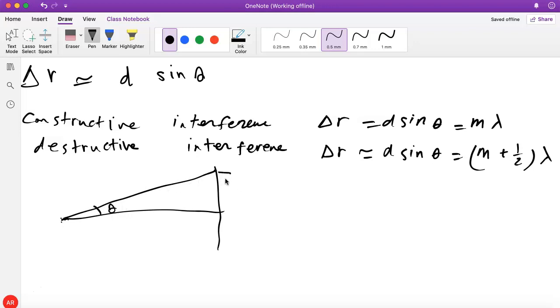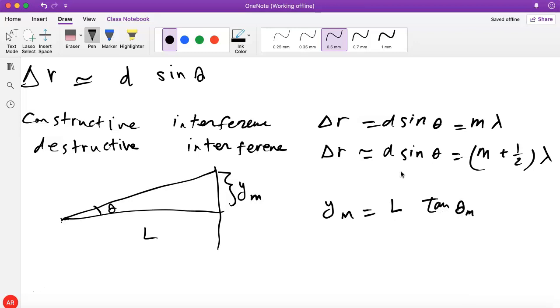And then if you have some distance y_m here, either to a bright fringe, a point of constructive interference, or a dark fringe, a point of destructive interference, we can write y_m as L tangent theta.